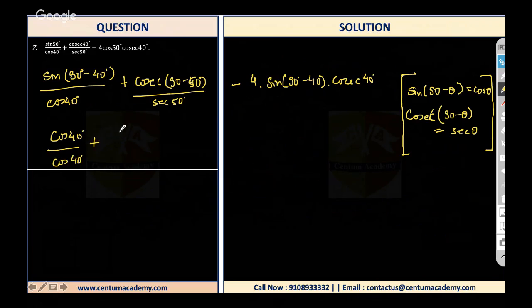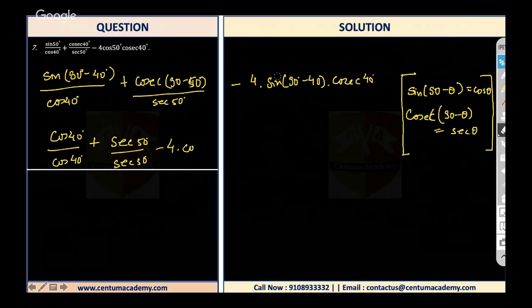Then this is cosecant 90 minus 40, so it is secant 50 degrees, and this is secant 50 degrees, and then minus 4 times sine 90 minus 40 is cos. I'm sorry, this is not the case.